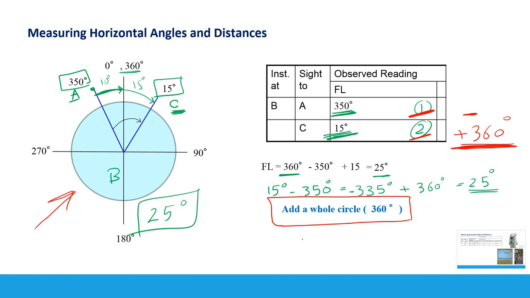Because of that we need to add a whole circle or 360 degrees. So if you do the second measurement minus the first measurement and then the answer is negative, in this case just add 360 degrees. And similar for the face right, the third measurement minus the fourth measurement, if the answer is negative, just add 360 degrees, and then this will adjust the solution.